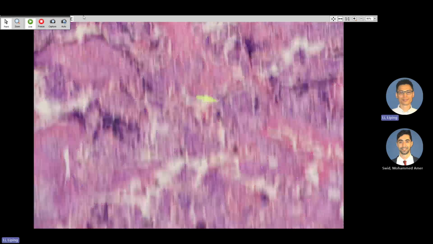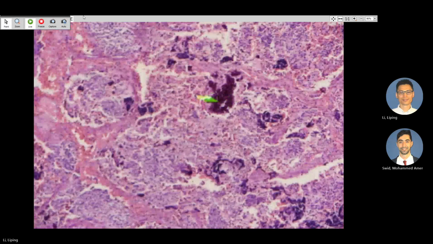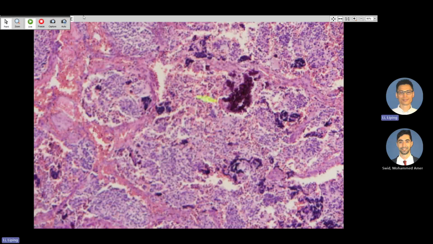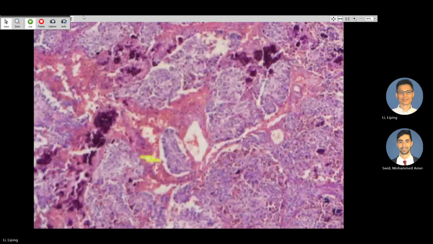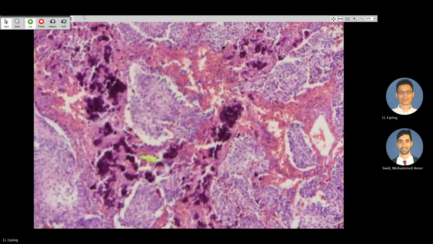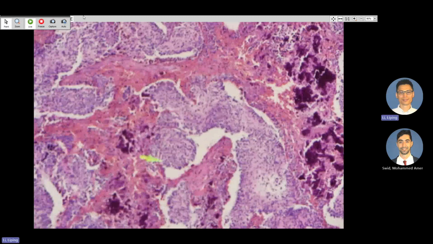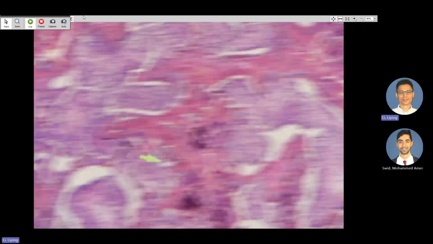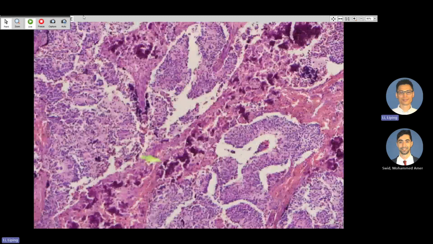All the cells look the same, kind of poorly differentiated, although some of these cells have a little bit more cytoplasm. And when we do staining, we have some synaptophysin and chromogranin because we do not have another specific marker for this entity. So this is neuroblastoma.